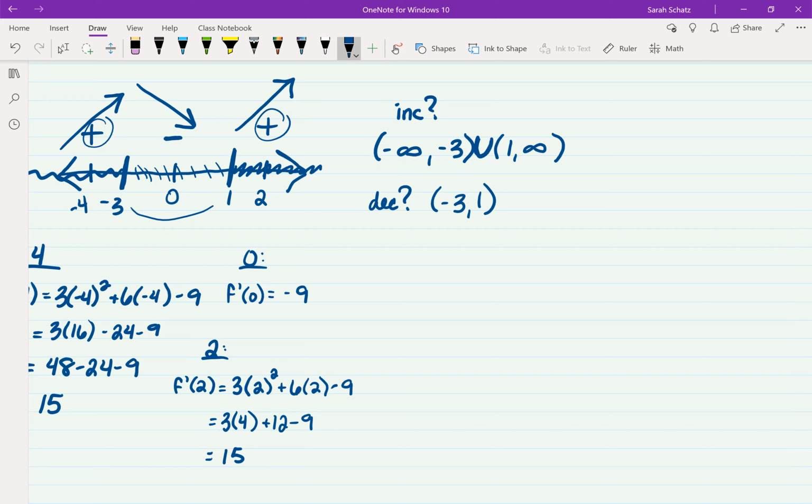Let's see if this function has any minimum values, or it might say minima. That's just a plural version. So does it have any minimum values? Let's find out. Well, let's see what's happening at each of these points of change. This graph over here is going up and then down.